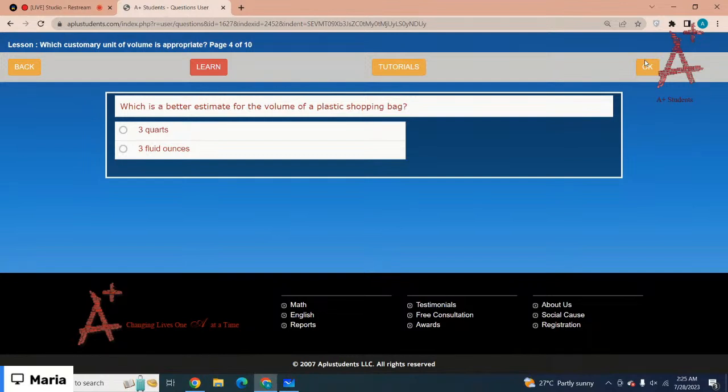Okay, which is a better estimate for the volume of a plastic shopping bag? 3 quarts or 3 fluid ounces?